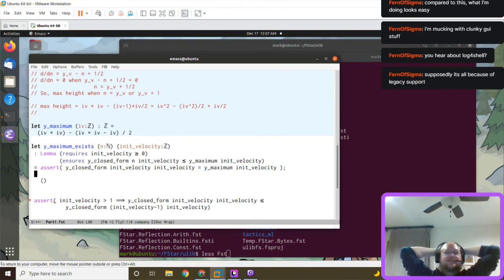So how do we prove this using discrete mathematics?